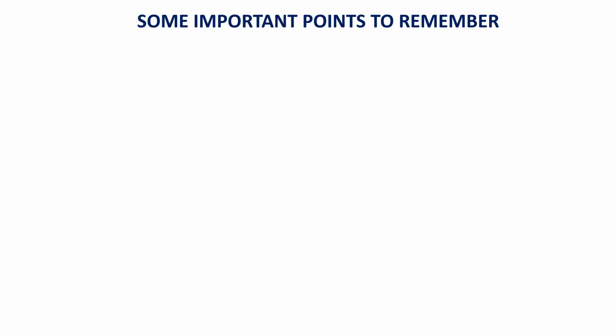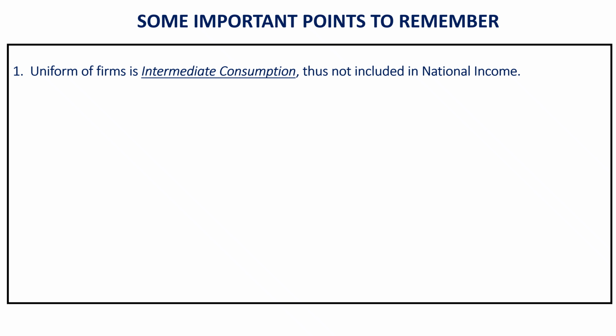This brings us to some important points that we need to remember. First, uniform of the firms is intermediate consumption and not included in national income.